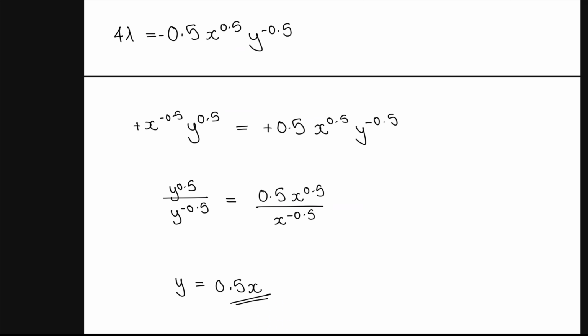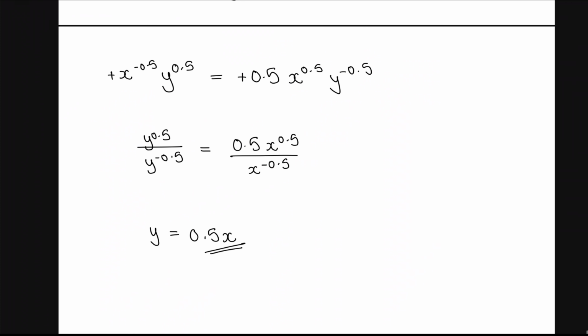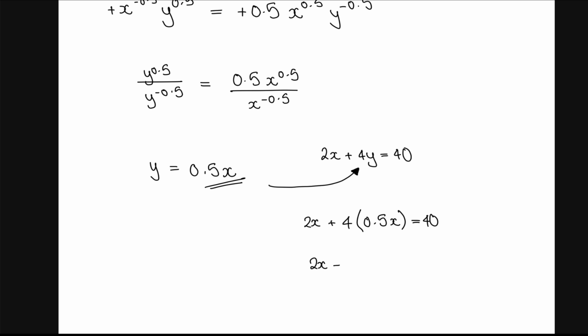If we now substitute this equation back into our constraint, which was 2x plus 4y is equal to 40, substituting y into here, we get 2x plus 4 brackets 0.5x is equal to 40. So 2x plus 2x is equal to 40. So 4x is equal to 40. So x is equal to 10 and y is equal to 5.